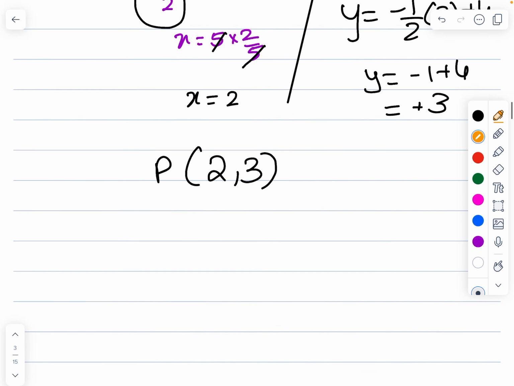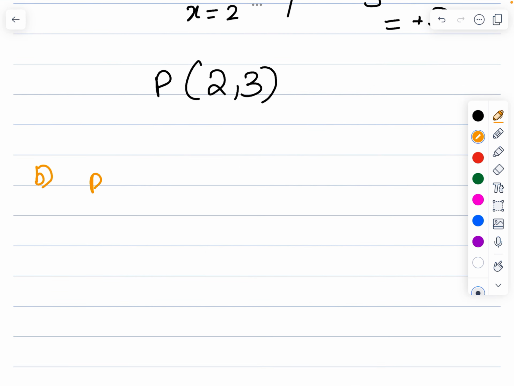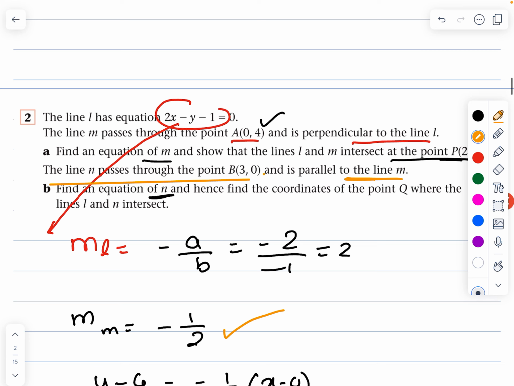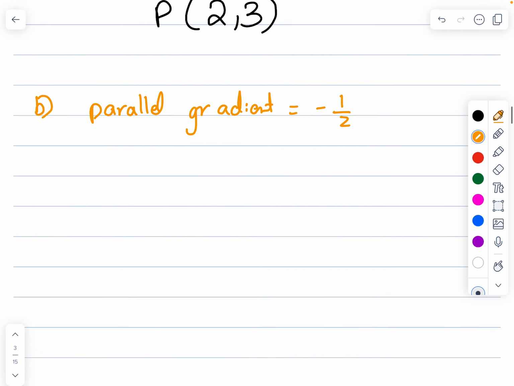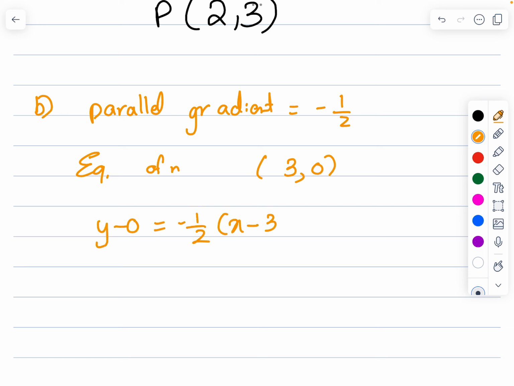Parallel lines will have the same gradient, so the parallel gradient also will be -1 upon 2, and it is passing through the point (3, 0). So y minus y1 equals m times x minus x1. So y equals -half x plus 3 upon 2. This is the equation of N.